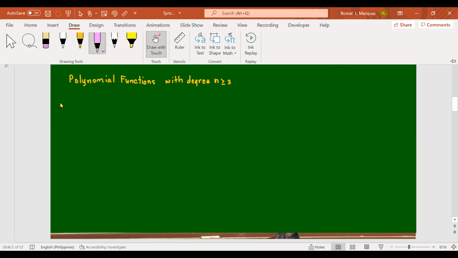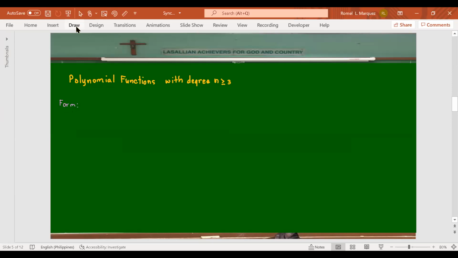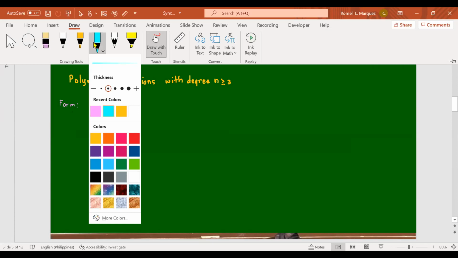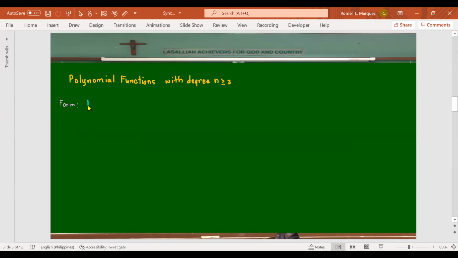Polynomial functions take the following form. P of x is equal to a sub n x to the n plus a sub n minus 1 x to the n minus 1 plus a sub n minus 2 times x to the n minus 2 all the way to a sub 1 x until we reach the constant term.